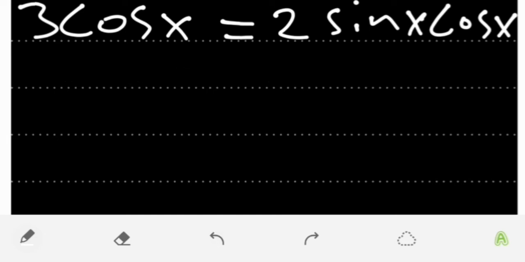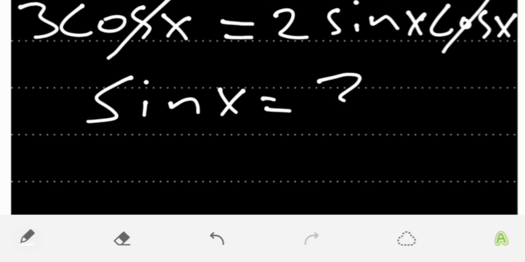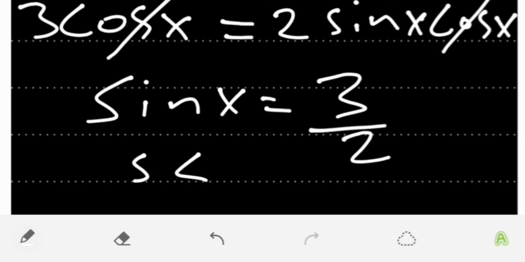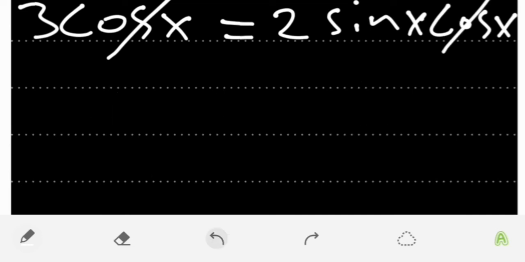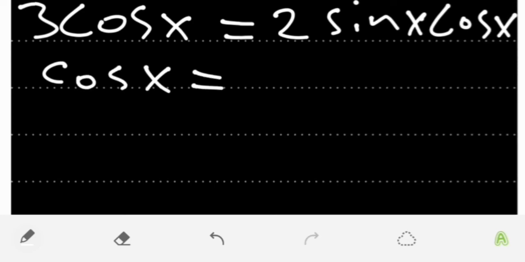But in the case where cosine of x was not equal to 0, what would we have? If cosine of x was not equal to 0, we can cut it, okay? So we'd have that sine of x is equal to 3 divided by 2. And this is false. Sine is a number smaller or equal to 1, and bigger or equal to minus 1, remember? So it can't be 3 divided by 2. So the condition for this to happen is cosine of x equals 0.